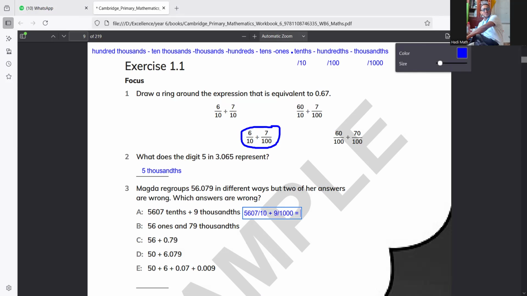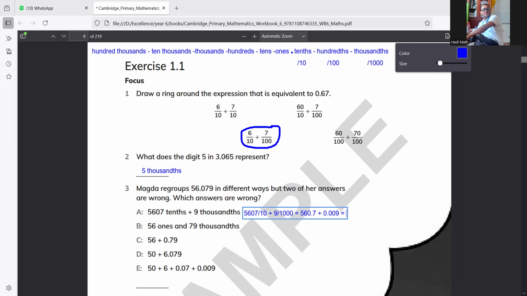And when you divide 5,607 by 10, you put the decimal point after 1 digit, so it's going to be 560.7. Plus 9 thousandths is going to be 0.009. Add those two numbers together. There are 2 methods of adding numbers.